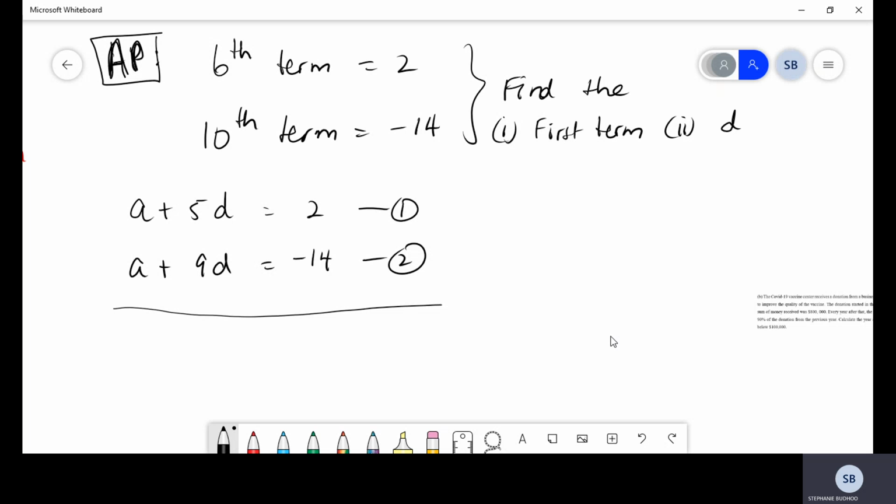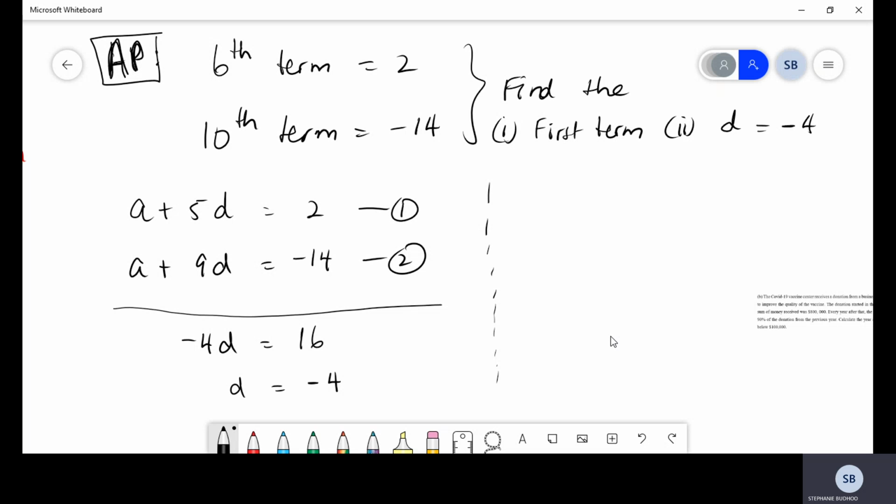We can have 5 subtract 9 giving us negative 4d. We can have 2 subtract negative 14 giving us positive 16, which takes us into d being equal to negative 4. So it seems that we actually found part 2 before we found part 1, but that's okay.